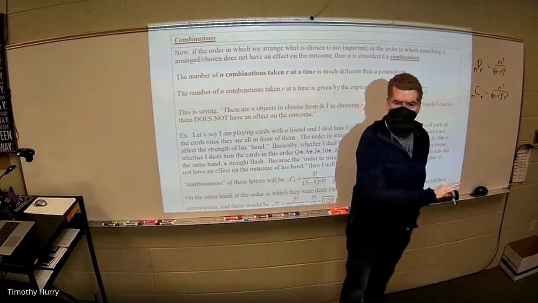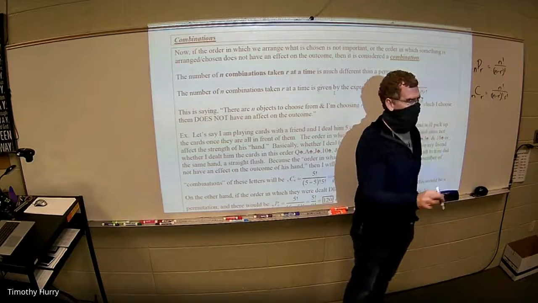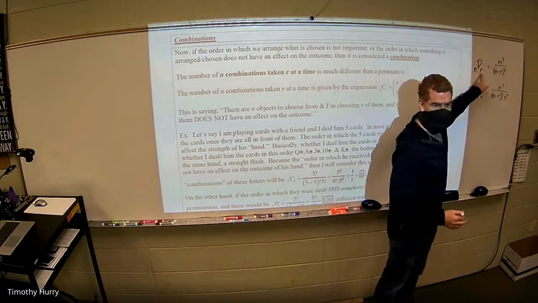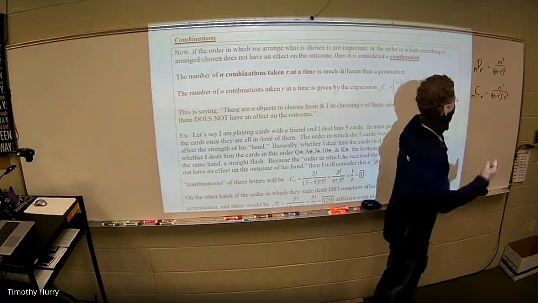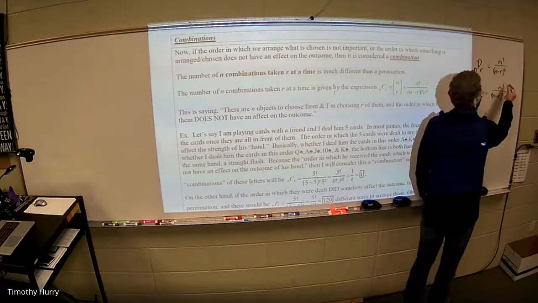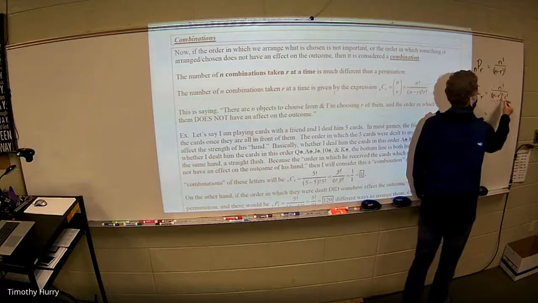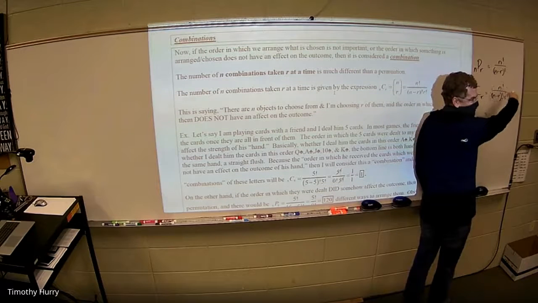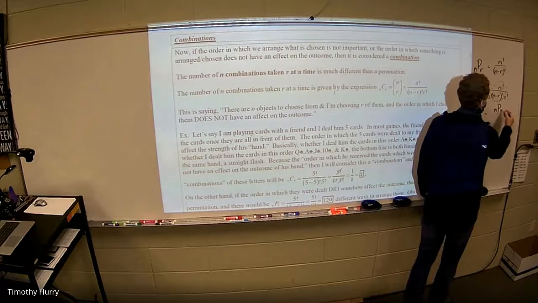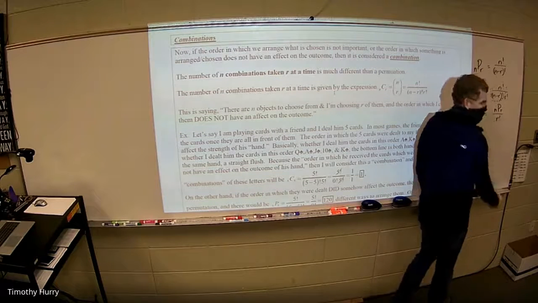But there is no combination or permutation that has n factorial over r factorial alone. That's it. And if you really think about it, when you look at this nCr, it's really the permutation, n factorial over n minus r factorial, just divided by an extra r factorial.